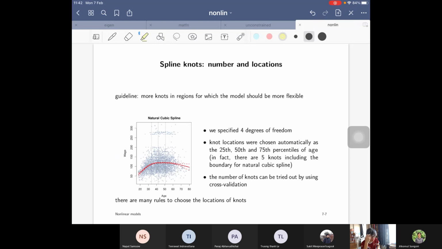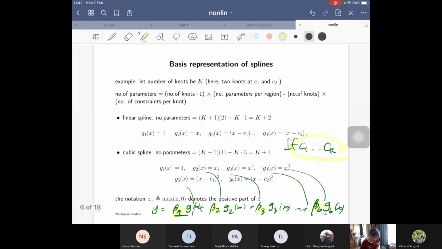The general guideline would be that if you introduce more knots, you allow the representation of this F to be decomposed into so many terms.